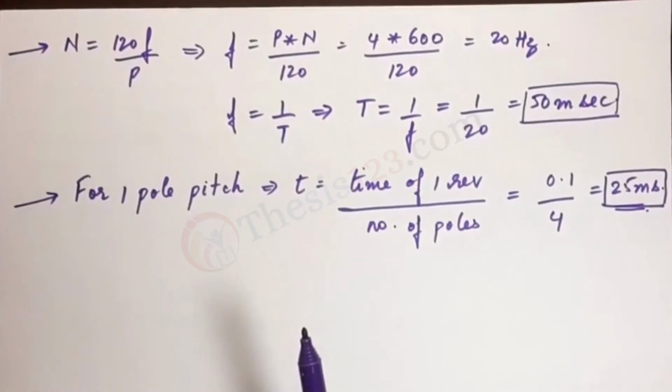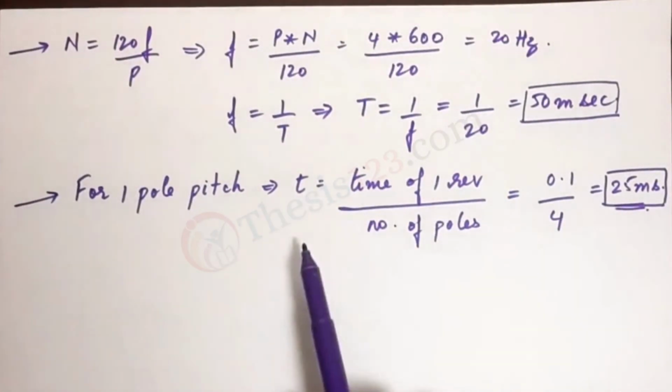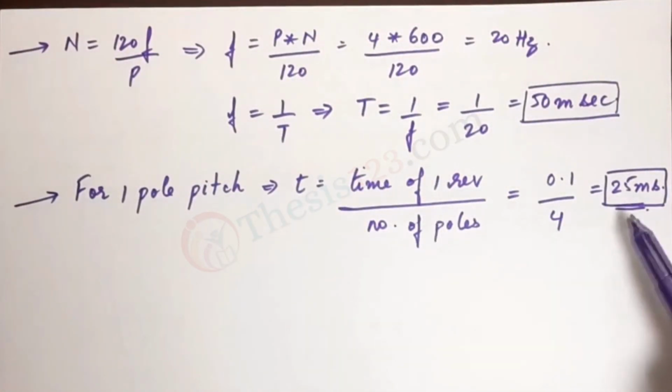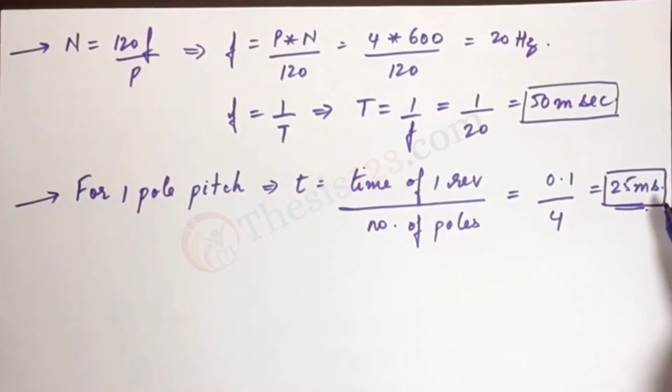So if you substitute the values here, T equals 0.1 divided by 4, that's 25 milliseconds. So either you can find out the time period of 1 complete cycle or the time period of half a cycle. So that's 50 milli and 25 milli. Once you find out half a cycle, you can easily tell that one full cycle is twice this amount. Okay, so these are the two ways.